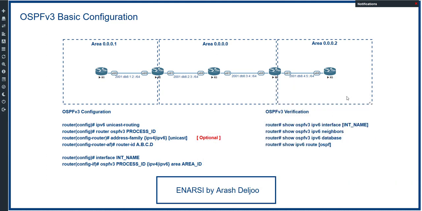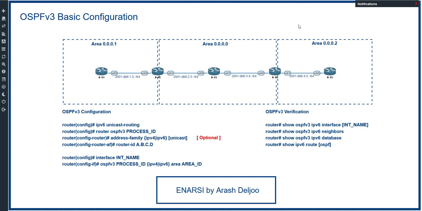Here, as you can see, we have a simple scenario, including three areas: area 0, area 1, and area 2. You know that the main functionality of OSPFv2 and v3 are the same. This means that, for example, we use the area structure to reduce resource usage, and also for some other benefits that you have learned in OSPFv2.